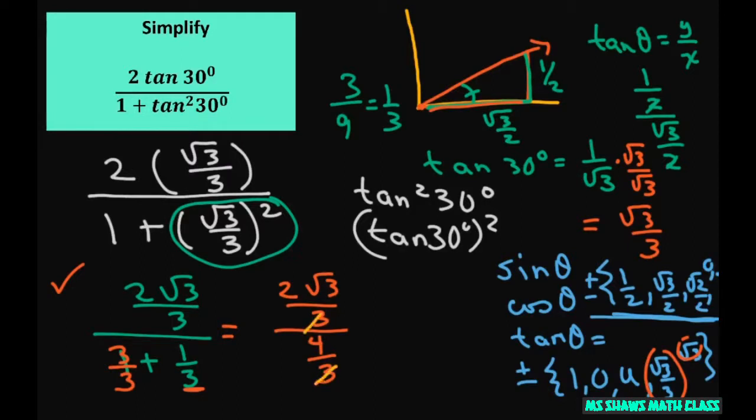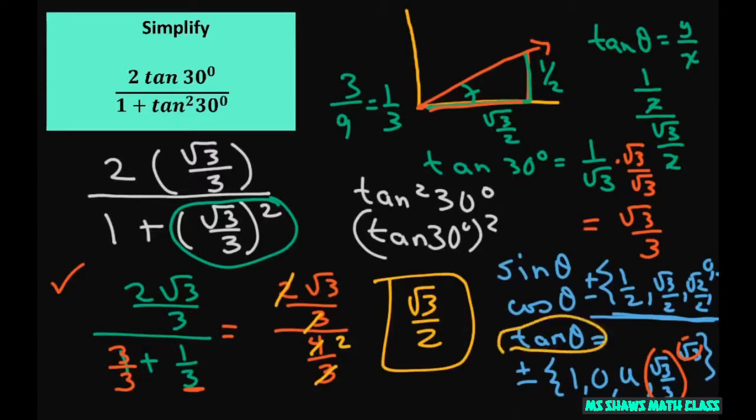And you cancel out the denominators. 2 goes into 4 2 times, so the answer is square root of 3 divided by 2. So that's if you're new to it. Just remember on tangent, make sure you know the square root of 3 over 3. And if it was 60 degrees, then tan of 60 is just square root of 3. Sine and cosine, the more you use them, they're going to be pretty easy for you.